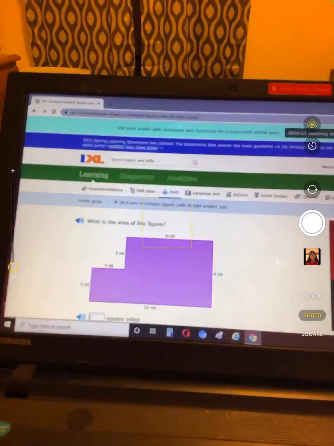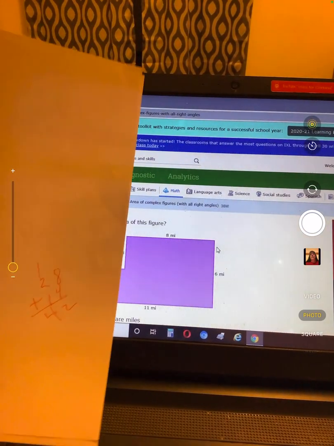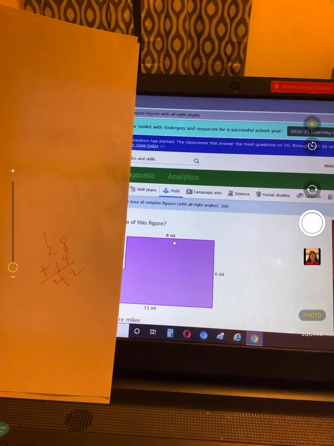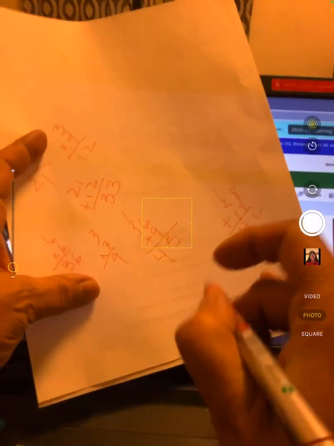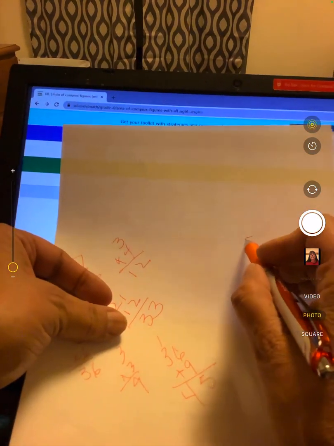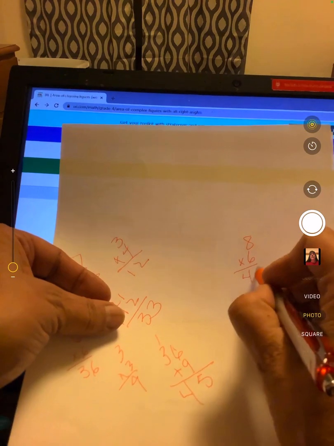I'll do one more with you, okay? So figure out the square first. Go with the smaller numbers. 8 times 6. Multiply those out just like you did yesterday. 48. Now let's look at the smaller square. 3 times 3.